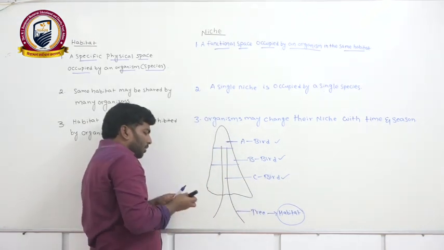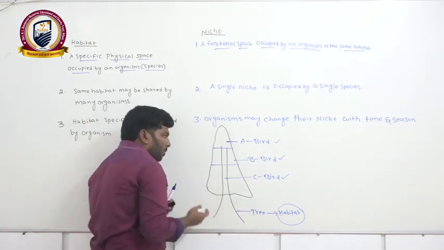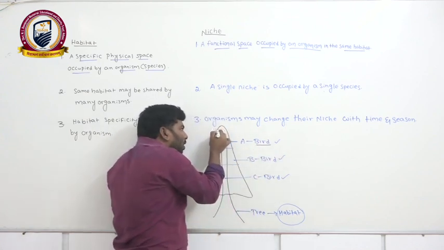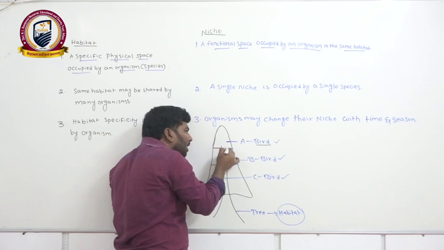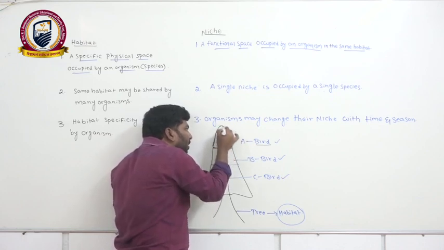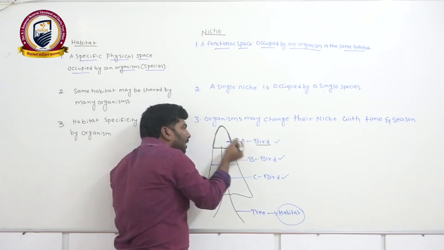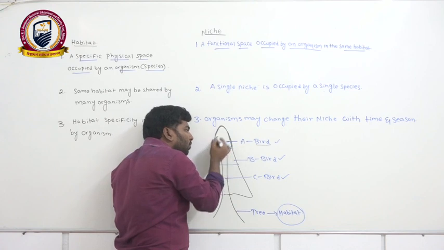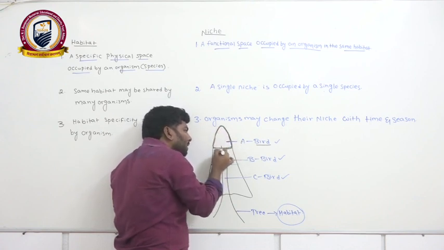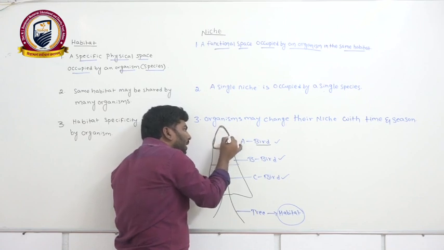But if you observe clearly, A bird is occupying the top region, or top part, of the tree. They will live here only. They will take their food here, and do all their functional roles in this particular region only.